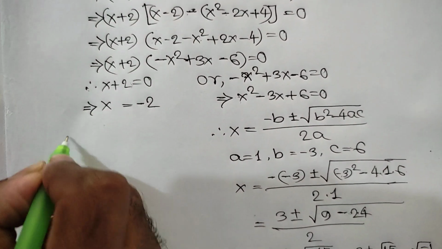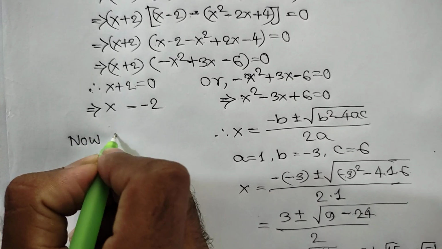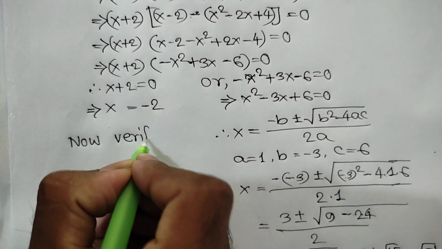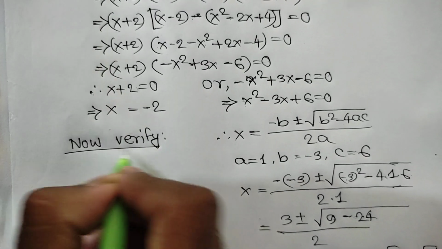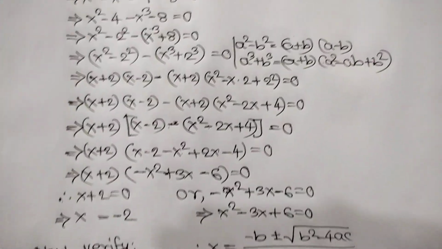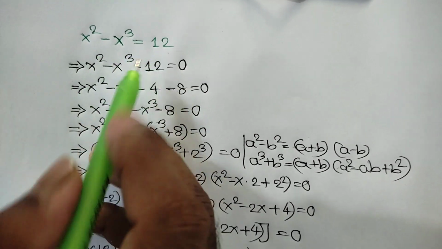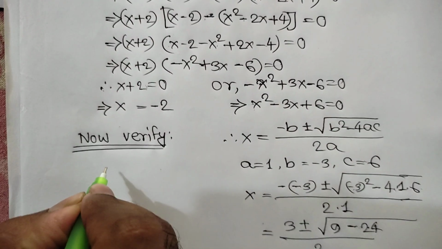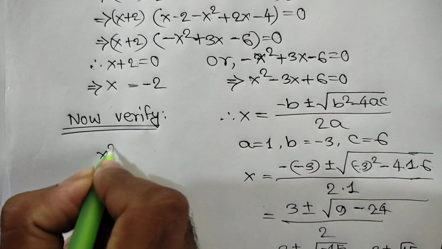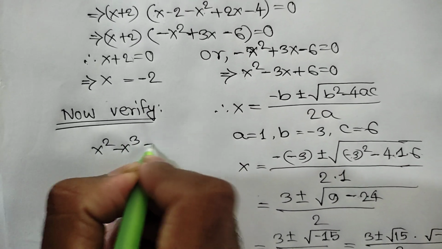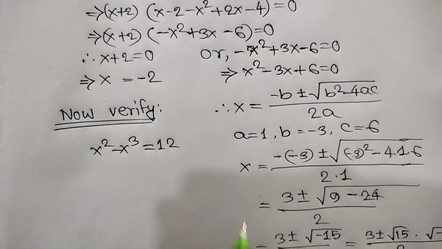Now verify. Okay, our equation is x square minus x cube is equal to 12.